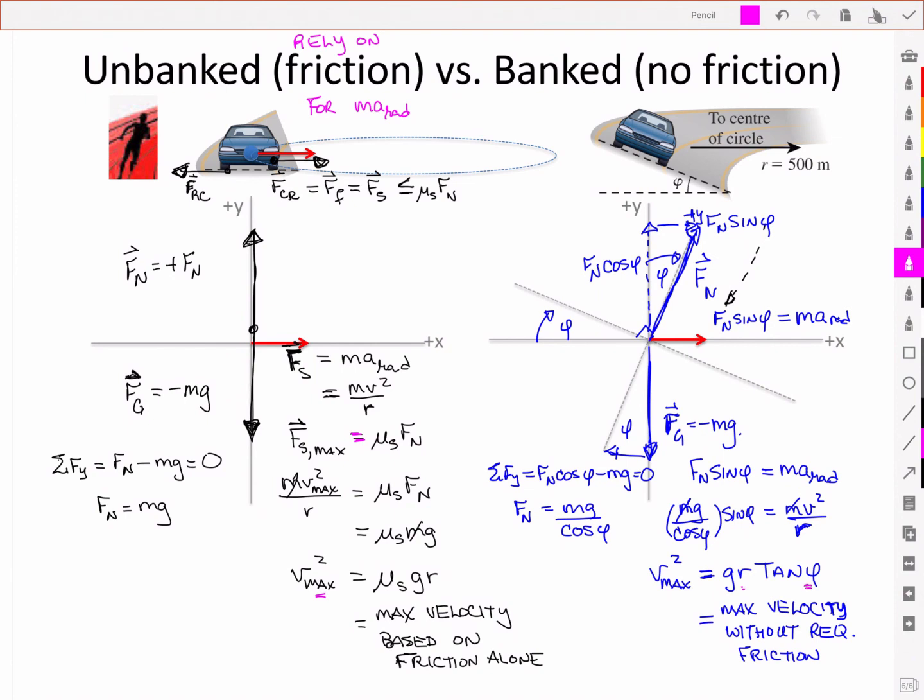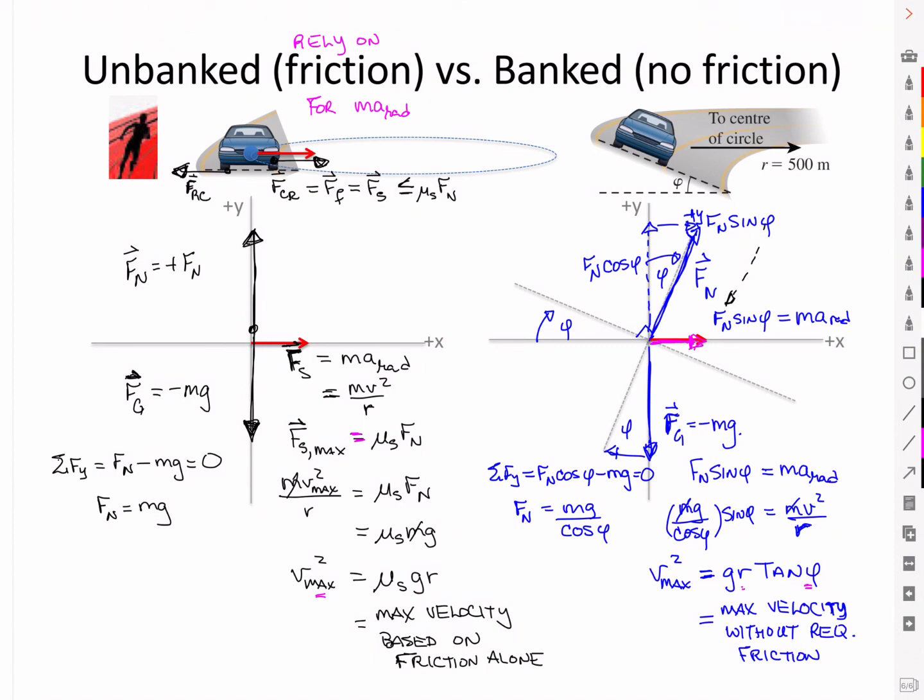And now we don't require the friction. We're only relying upon a component of the normal force because of that banked road. And if we exceed that velocity, then we won't have enough to hold us into that radius of curvature, and we'll start to drift off towards the guardrail or the ditch.